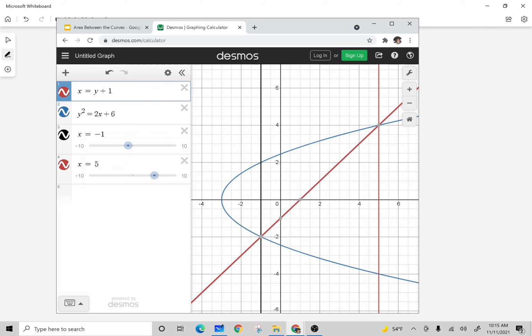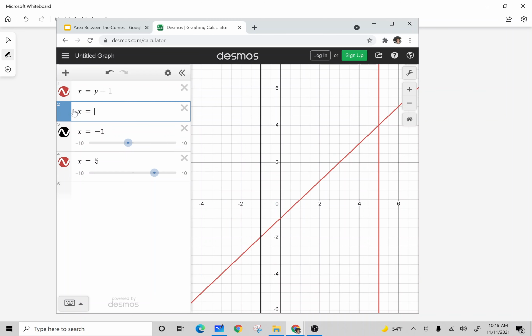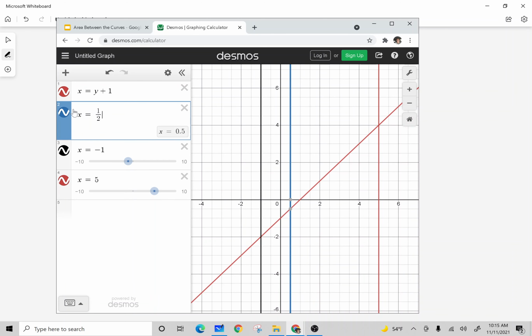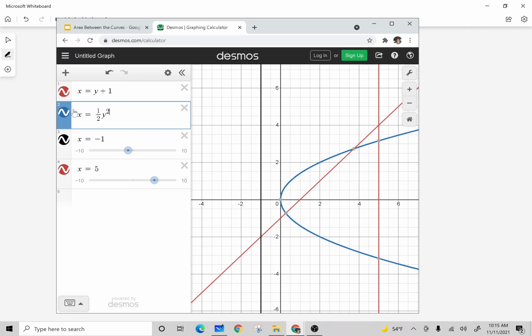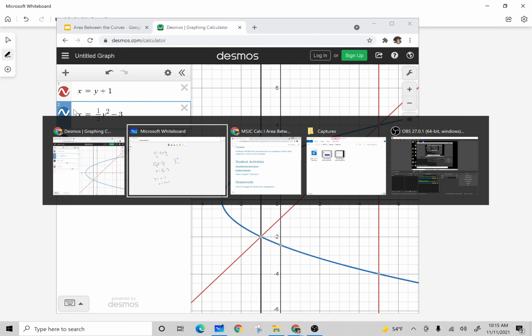Oh, that's the same equation, duh. That doesn't help us. I thought it was going to trick the equation, but I guess not. And then obviously if we do the other one, we have x is equal to 1/2 y squared minus 3. There it is.